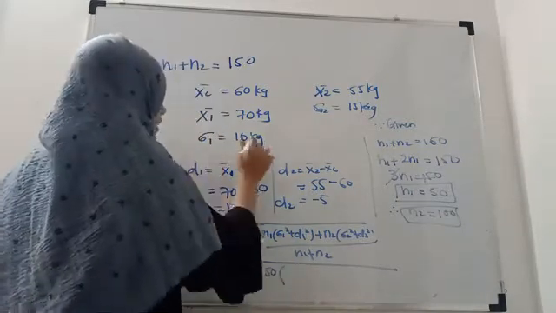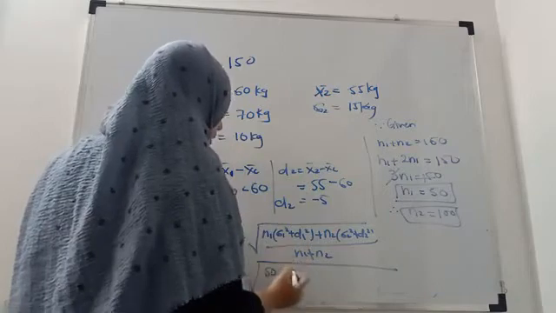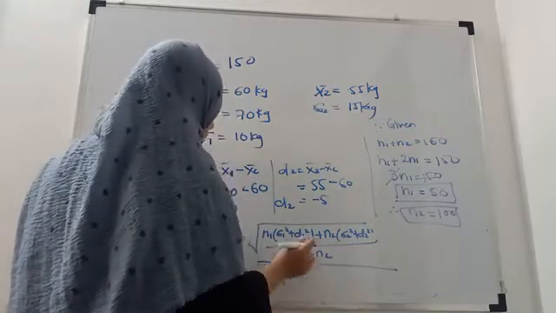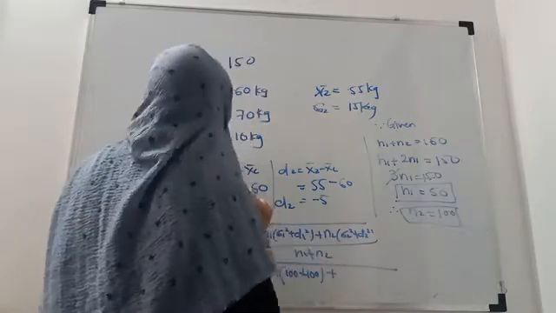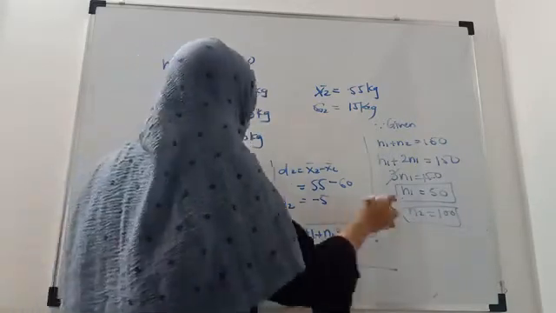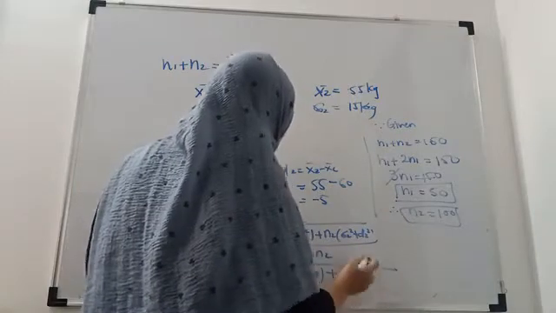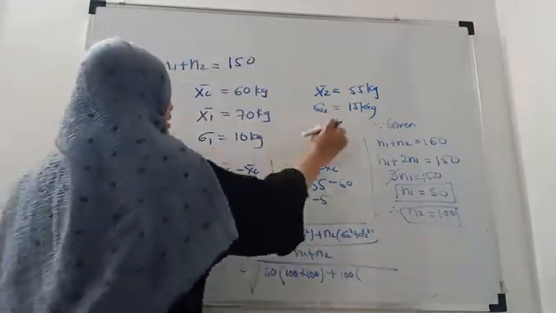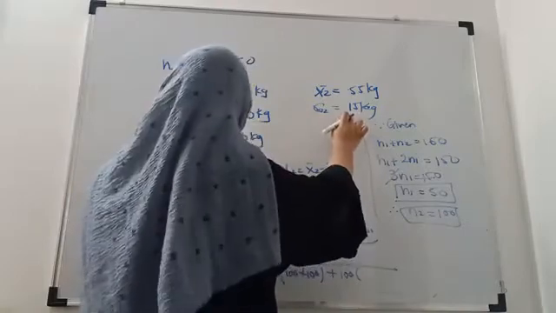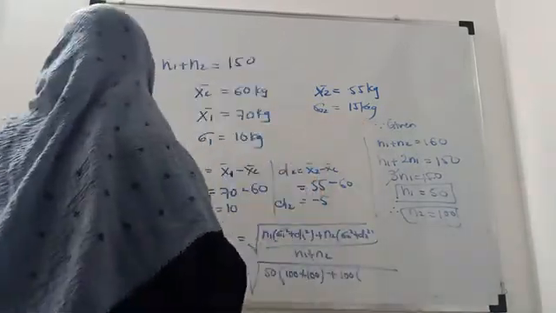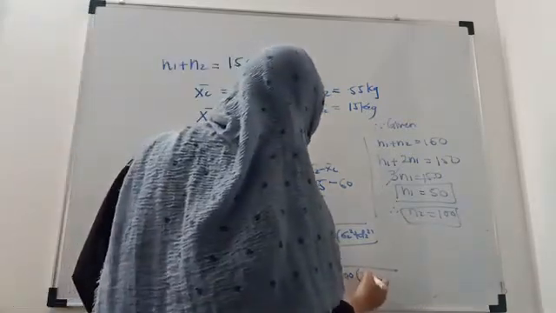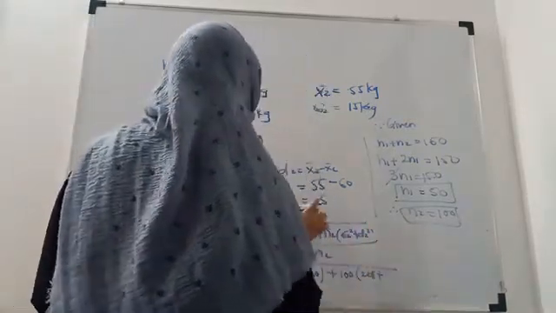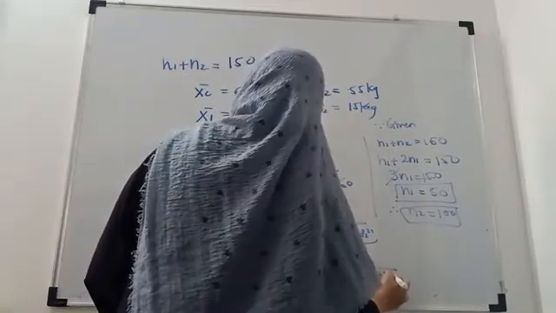Sigma 1 is given as 10, so its square will be 100, plus d1 is also 10, so square, that means it is 100, plus n2 is equal to how much? n2 is 100. Sigma 2 is given as 15, right? So its square will be 225, and plus d2 is minus 5, so that is 25, divided by n1 plus n2, which is 150.